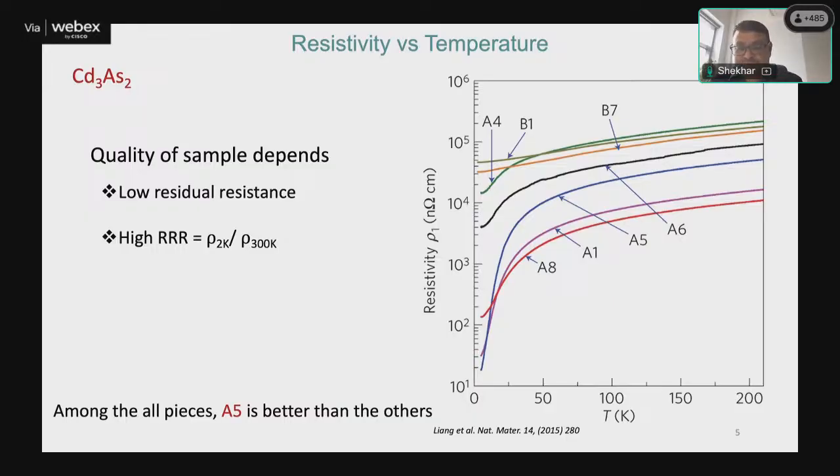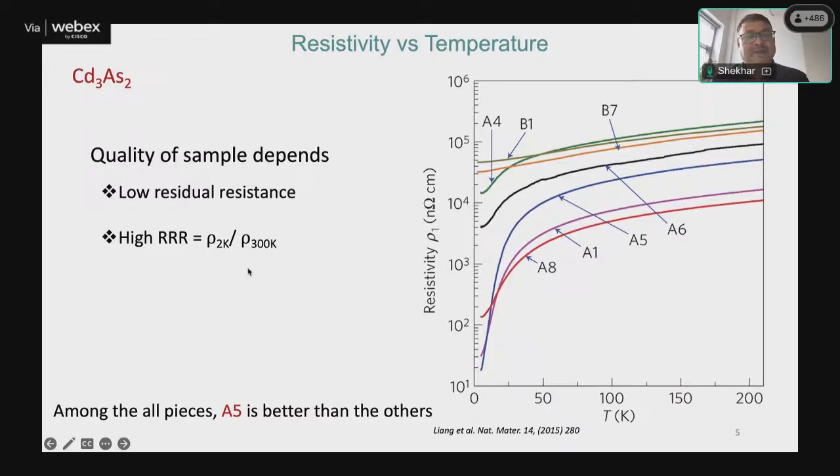I will give more detail later about which phenomenon dominates in which part. But here I want to say this is the quality of the piece of the sample. If we have low resistance at low temperature, then that piece is good.